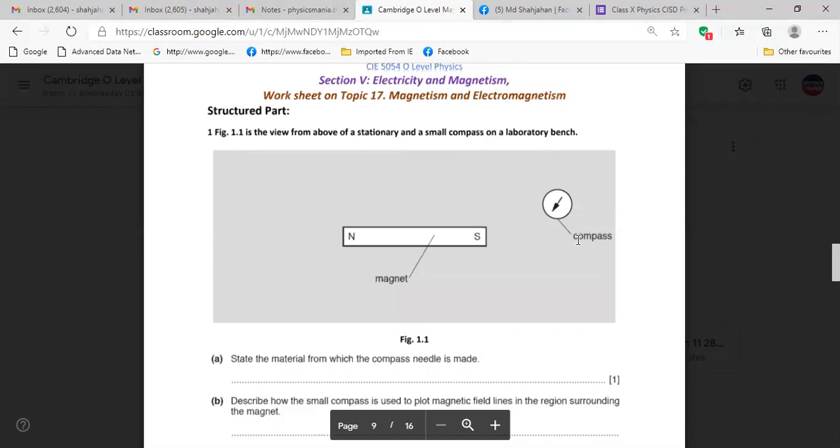State the material from which the compass needle is made. Iron, soft iron.